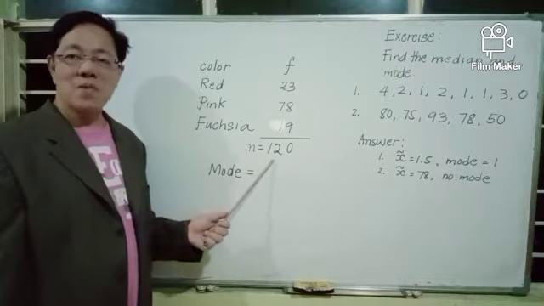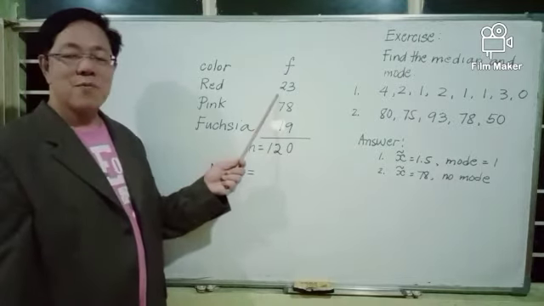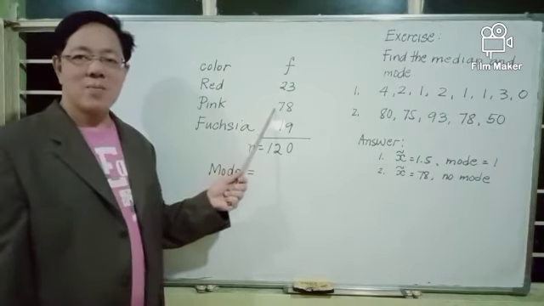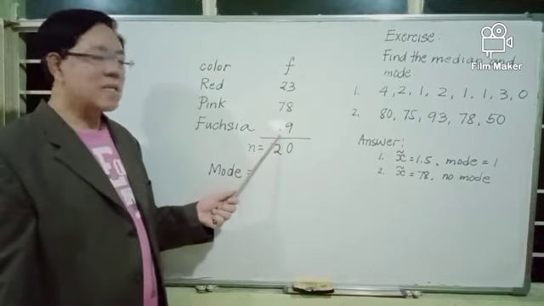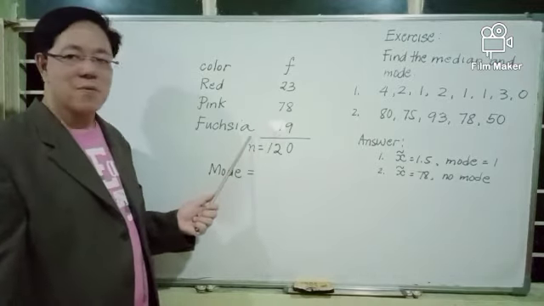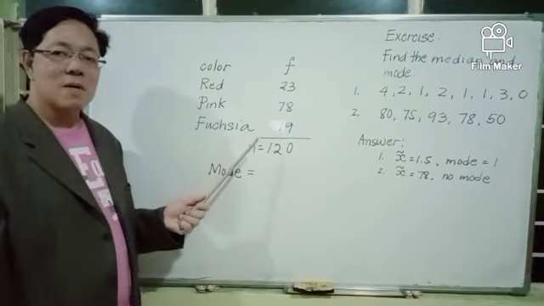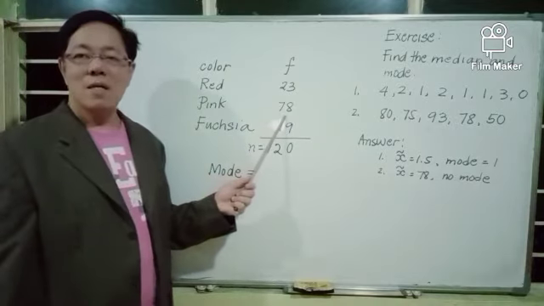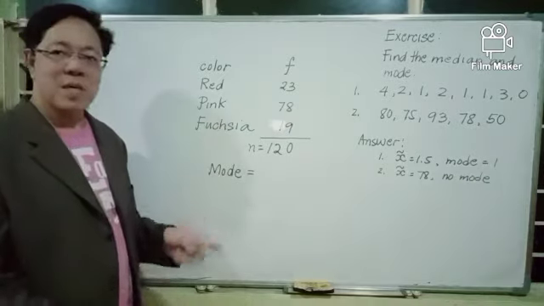Among the sample size of 120 medical technology students, 23 of them have selected red for their uniform, 78 of them have selected pink, and 19 preferred fuchsia. Now, among these three colors, the color pink has the highest frequency of 78. 78 is not the mode. The mode is pink.